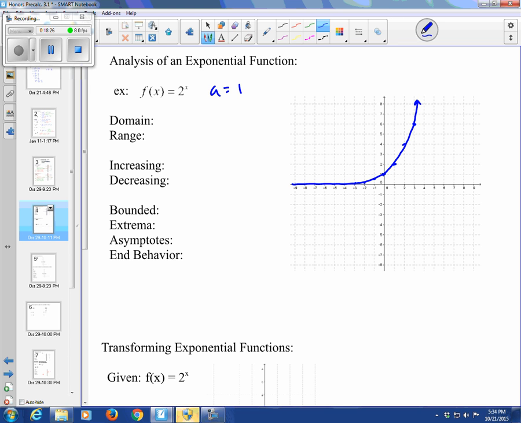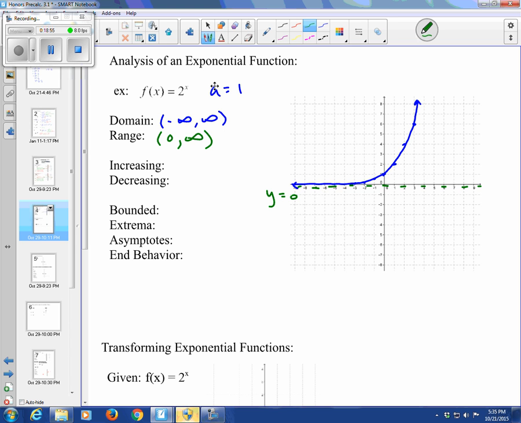Now right here, we can say the domain of this guy is going to be -infinity to +infinity, because we're plugging every single x value into the exponent, right? The range of this guy, we're seeing our function bounded below by that horizontal asymptote of 0, right? So right here we can say, with a horizontal asymptote of y equals 0, we are going from 0 up to +infinity with the y values of our ordered pairs.